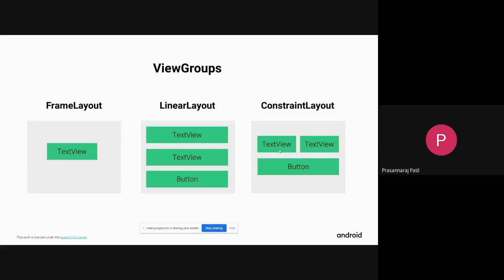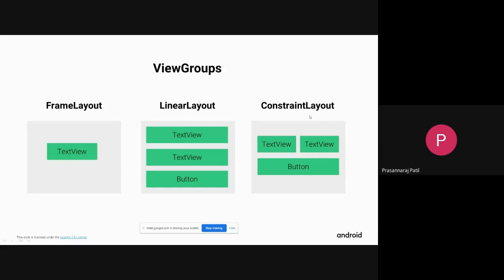And what are view groups? View groups are UI elements which include multiple views inside them. For example, a frame layout. Inside the frame layout we have a text view. A linear layout, this is a vertical linear layout, will have views in a vertical arrangement: your first text view above, below that the second text view, below that the button.